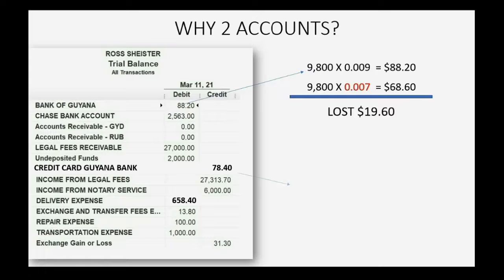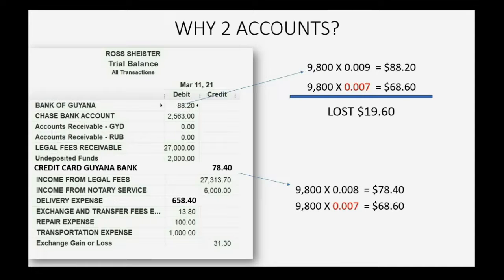But you see, we also have Guyana dollars in the credit card balance listed in our QuickBooks records. And on the day we charged those Guyana dollars, the dollar was worth 0.008. And that means those very same 9,800 that are in the credit card records were only recorded at 0.008, and the Guyana dollars in the credit card were valued at $78.40 when we charged.